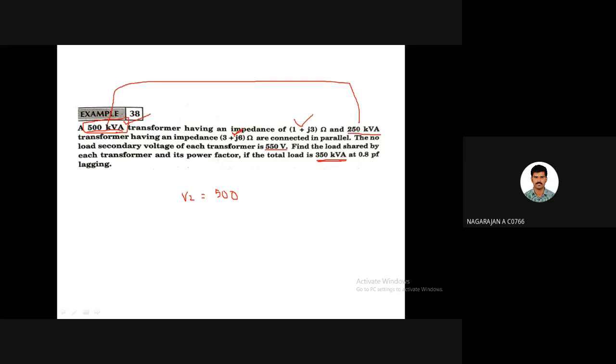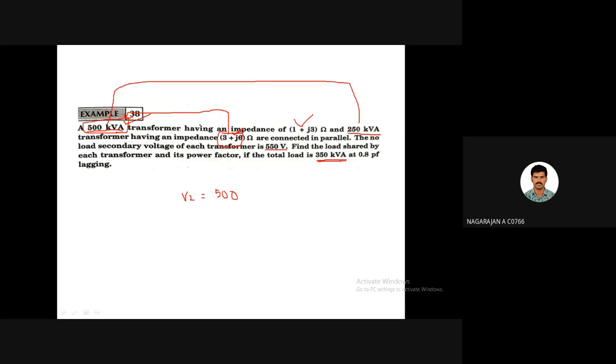The impedance of the low power transformer should be matched with the 500 kVA transformer. The low power transformer is 250 kVA, and its impedance is 3 + j6. That should be compared with this, and its base value has to be taken.